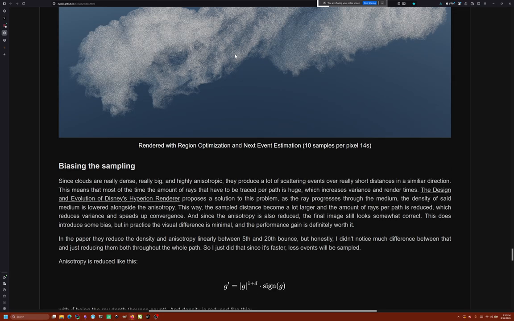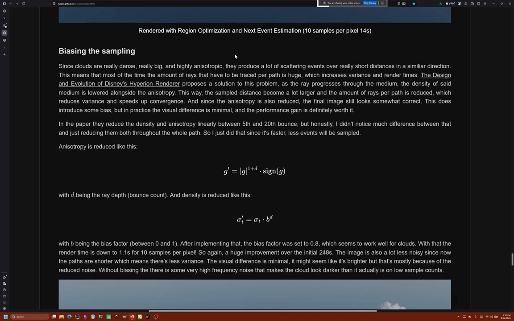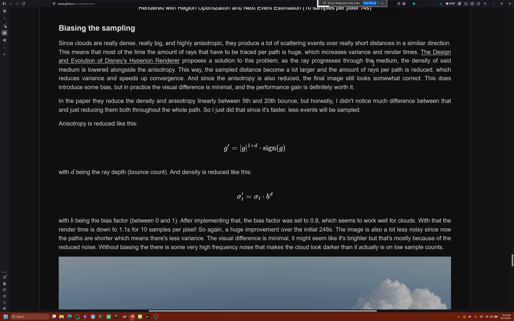So, biasing the sampling. Since clouds are really dense, really big, and highly anisotropic, they produce a lot of scattering events over really short distances in a similar direction. This means that most of the time, the number of rays that have to be traced per path is huge, which increases the variance and render times. The design and evolution of Disney's Hyperion renderer proposes a solution.